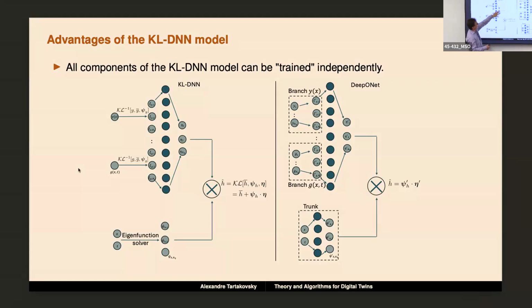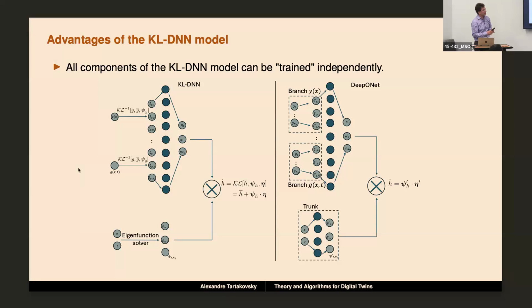And then we can separately train our final neural network. Okay? So all parts of our KLDNN model can be computed separately, which reduces training time and also the memory requirements.